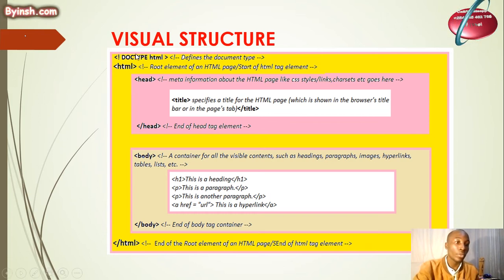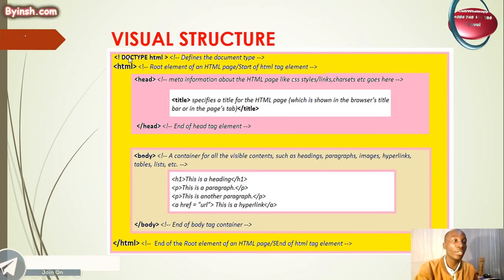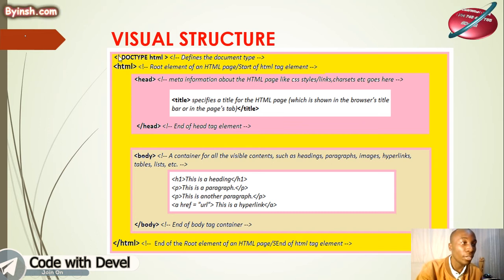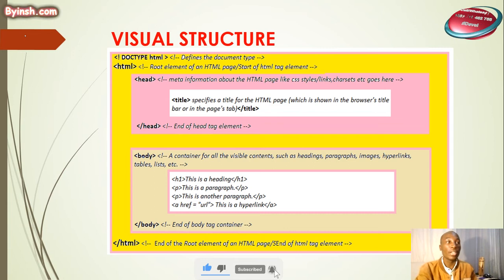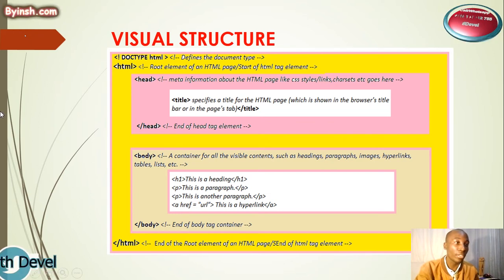You must start with the doctype HTML declaration. It is inside the angle brackets, and you need to note that it has an exclamation mark. In programming, from now on, if you see an exclamation mark, the computer interprets it as not or negate, like you are opposing it. But now this is how it should be.